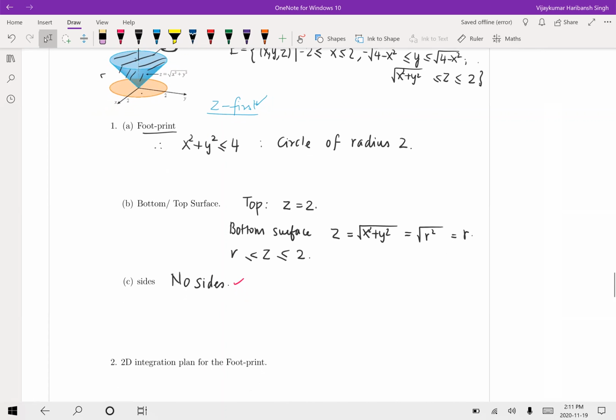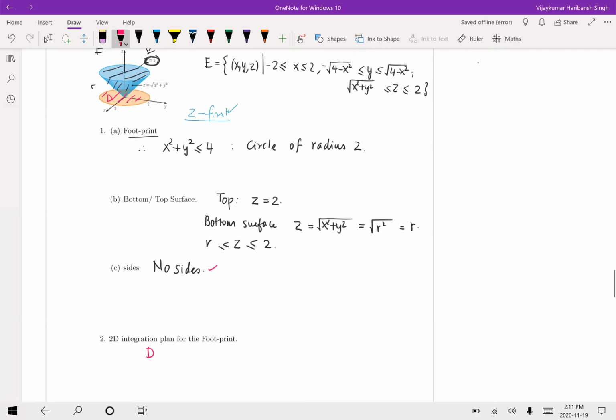Now what is the 2D integral plan? If you look at region D, let's call this D, it's a disk. So it's basically r comma theta. r goes from 0 to 2, theta goes from 0 to 2 pi.